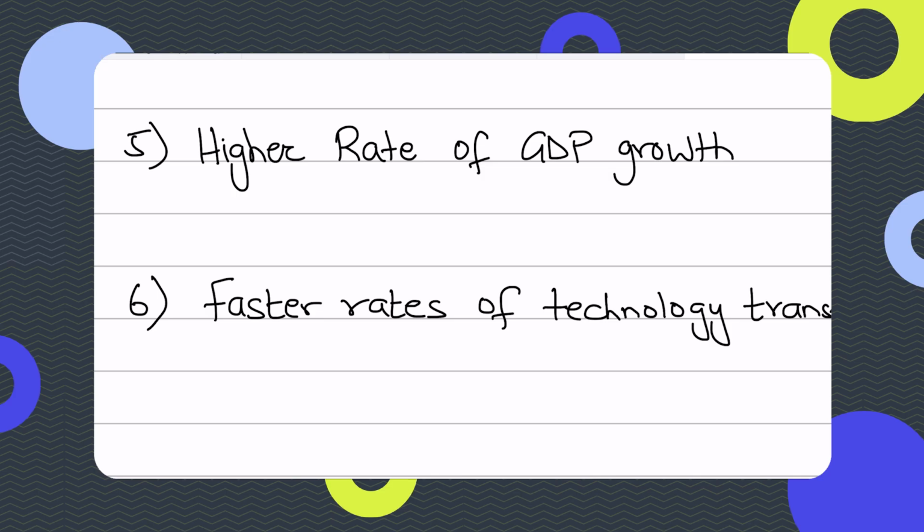That would result in an outward shift in the PPC, also mirrored by an LRAS shift to the right. Potential GDP rises, so free trade can stimulate both immediate demand side growth and long run supply side growth as well.